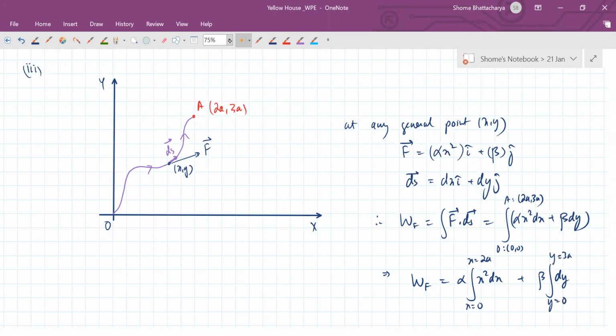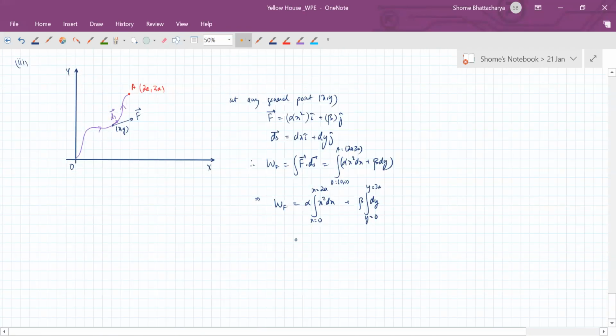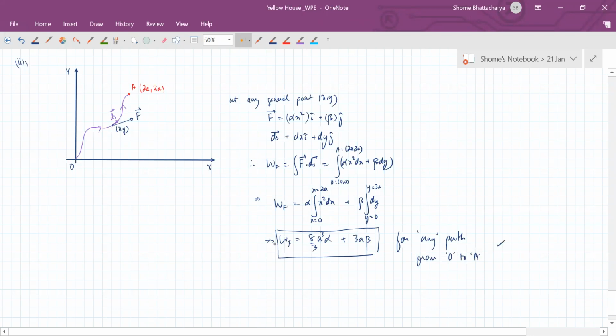So I can show that no matter what path I take, it will be the same as the value we had got for these two specific paths earlier, and that will be 8 by 3 e cube alpha plus 3a beta for any general path. So this is how we prove this.